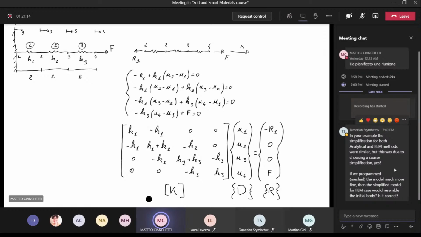That is also a different notation, because K with lowercase letters is for one single element stiffness matrix. When K is in capital letter, it usually refers to the global stiffness matrix of a system that is made of more than one element. Okay? D again is the vector of nodal displacement, and R is the nodal load vector.